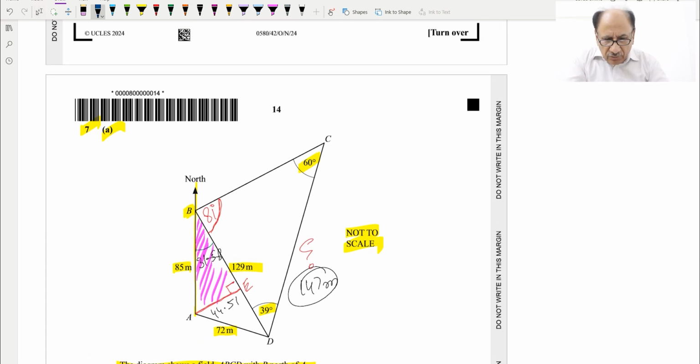So we can draw north over here. This will be our north. Bearing of B from C, so we need this whole angle up to this one.